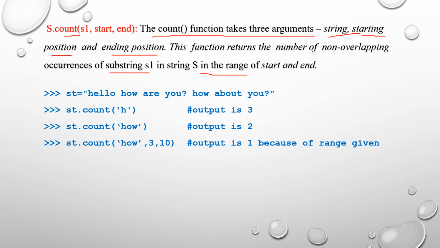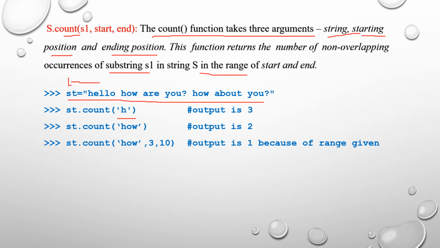For example, this is our string, st is equal to "hello, how are you and how about you". We stored it in the variable name st. Here st.count("h"), we are going to count h. Starting and ending are not mandatory; by default we take 0 to the nth value.